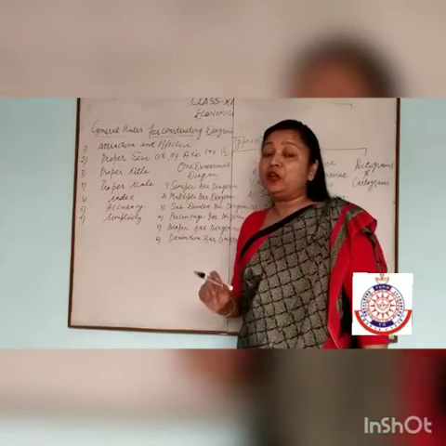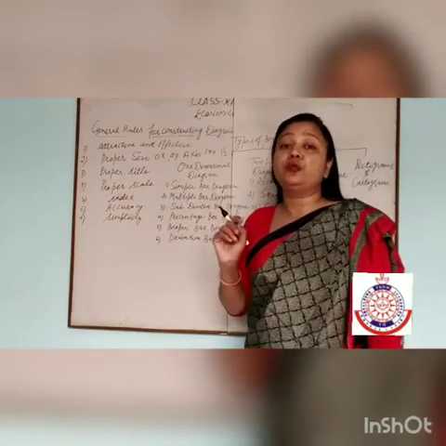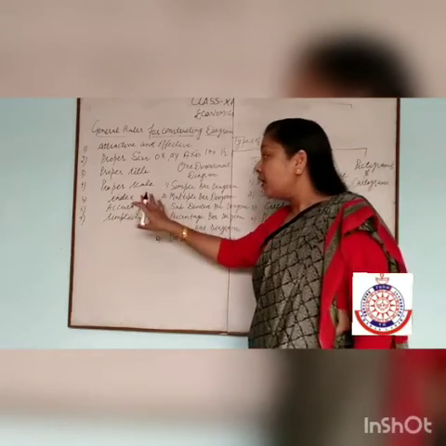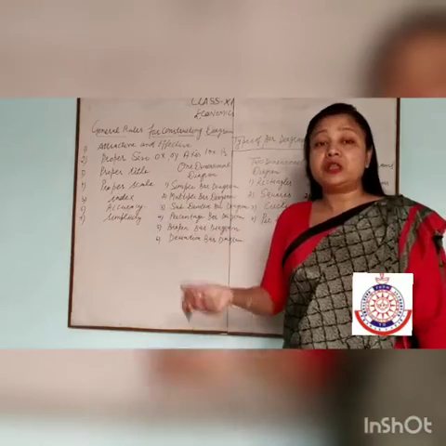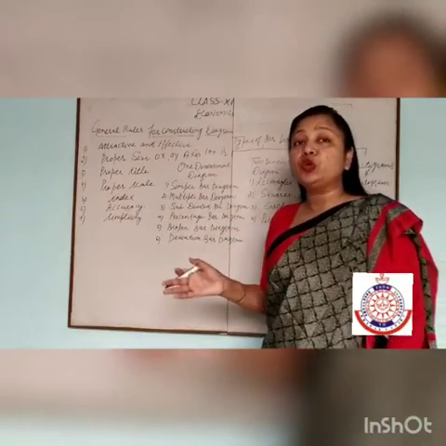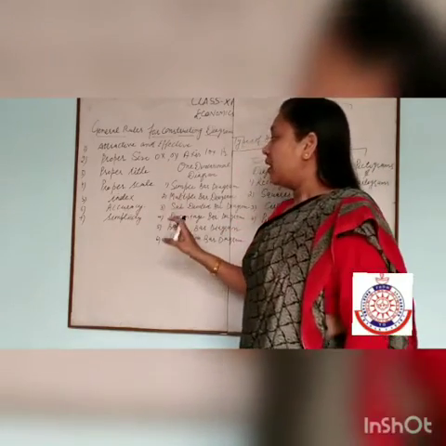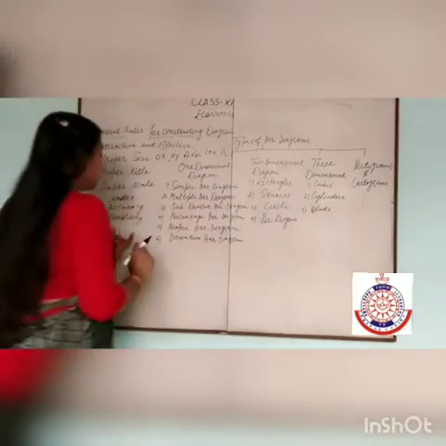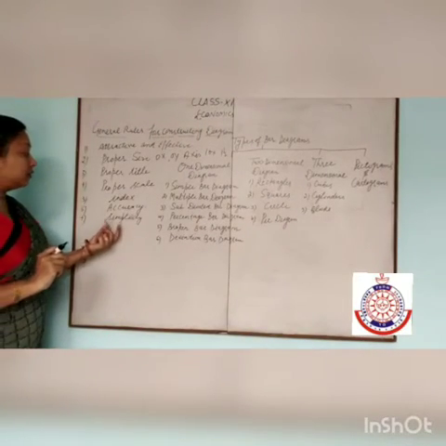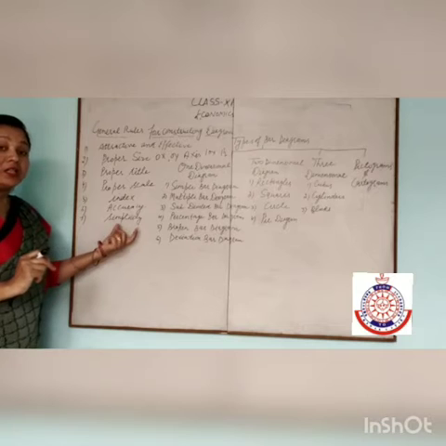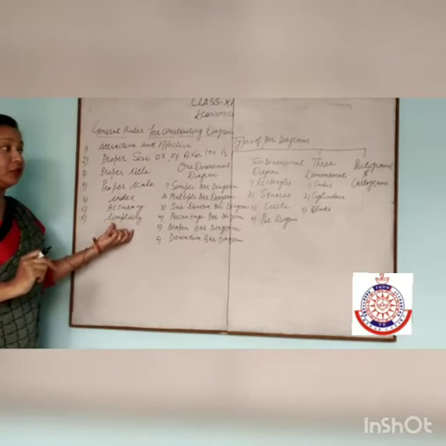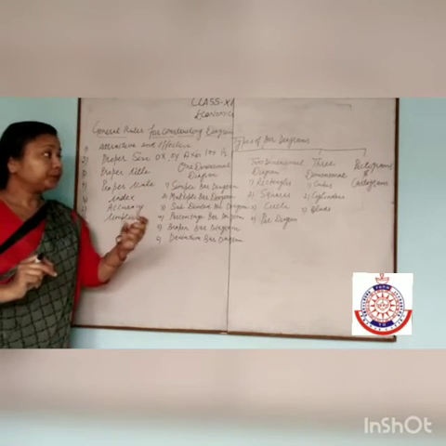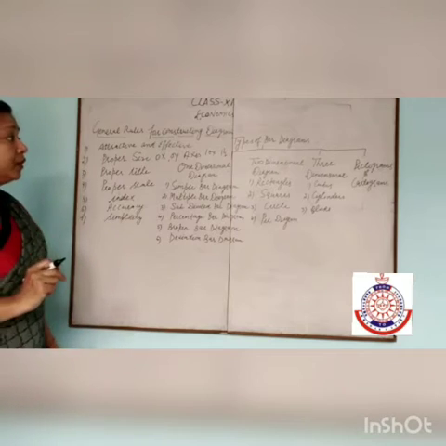Not only should the diagram be attractive, but accuracy is also needed. If accuracy is not there, there is no use of the diagram. And simplicity. Diagrams should have simplicity.